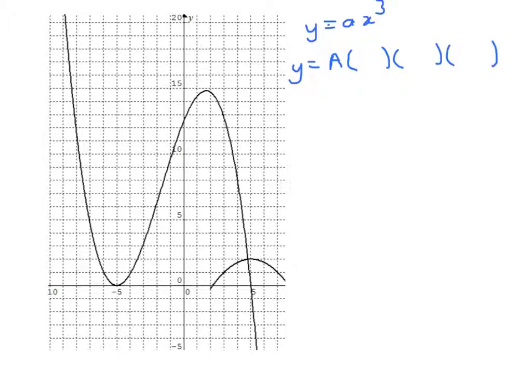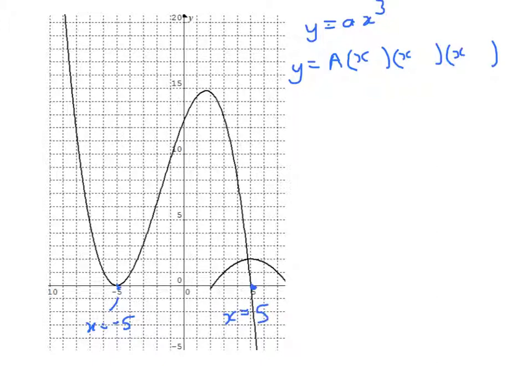Now because this point here is just touching the x-axis, 2 of those brackets are going to be the same. I have an x in each of these brackets, and I know that on the line here we've got x equals -5, and this point here where it cuts the x-axis is x equals 5.